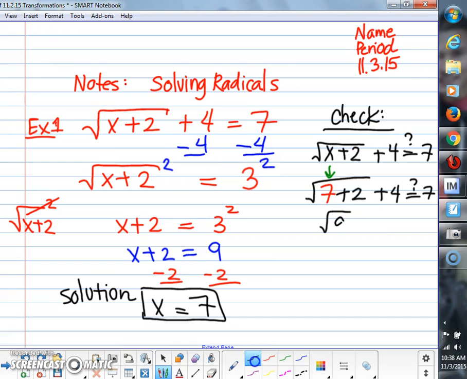What's the square root of 9? 3. What is 3 plus 4? 7. Is that a true statement? Yes. So since 7 is equal to 7, this is an accurate solution. This is a real solution. Questions? No. Okay, let's go to number 2.